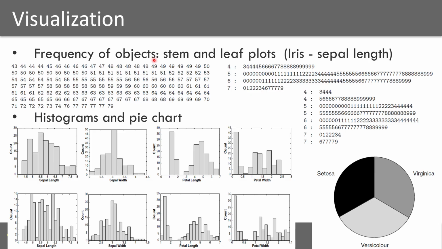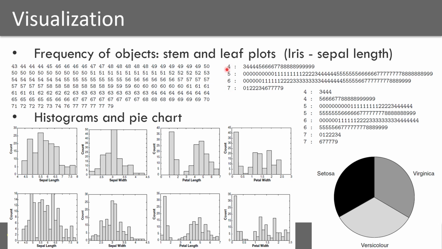However, more expressive visualizations are the so-called stem and leaf plots. You can see that it is kind of an ASCII character, digit-based visualization, which is actually quite expressive. We are taking the digit position representing tens as the first one.